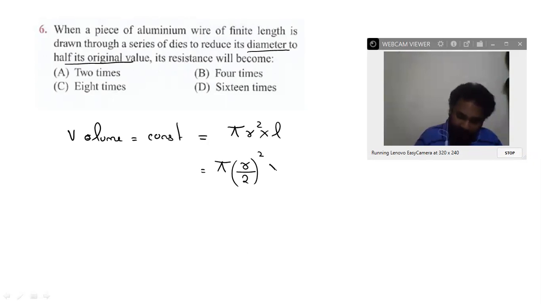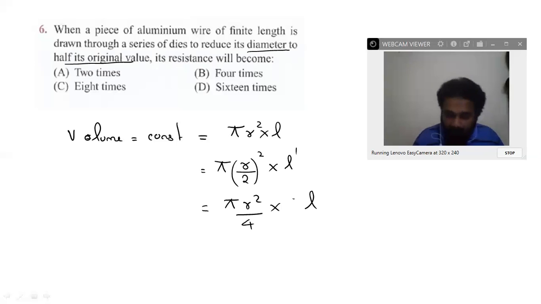Into the length, which will also vary, so we consider it as L dash. So this is going to be pi r square by 4. To maintain the volume, which is constant, we have to put 4, so 4L will be the new length.